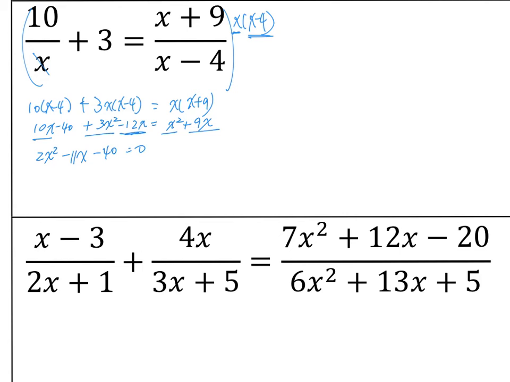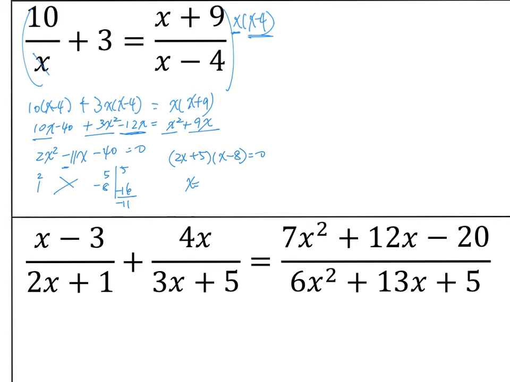Now we need a factor, and we can use 2, 1, 5, negative 8. Let's check. 5, negative 16 makes negative 11 here. So we're ready to factor. 2x plus 5, x minus 8 equal to 0.